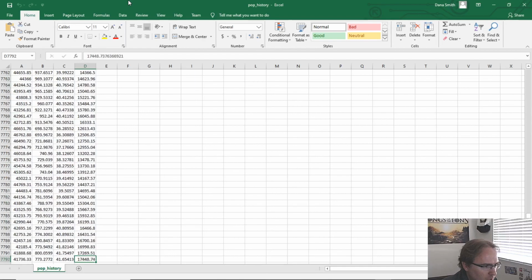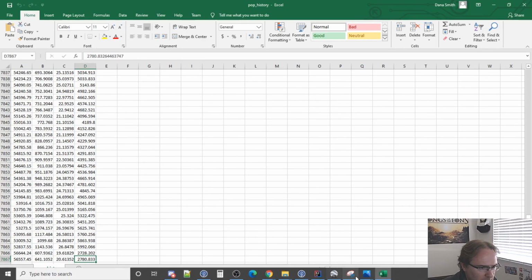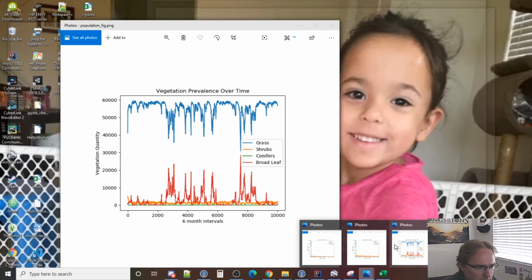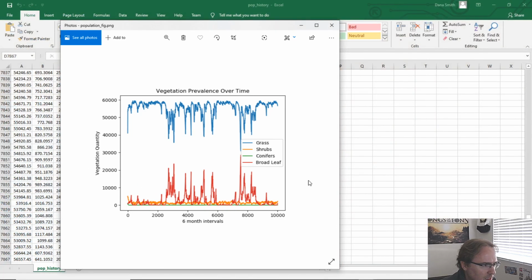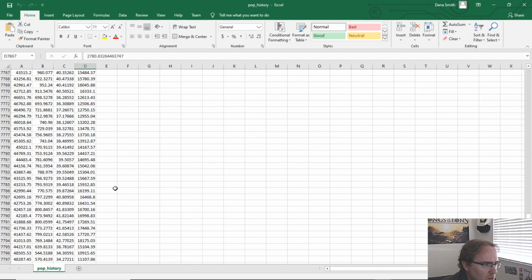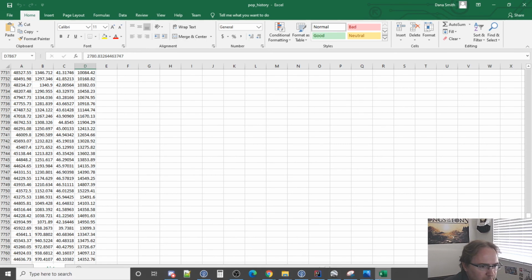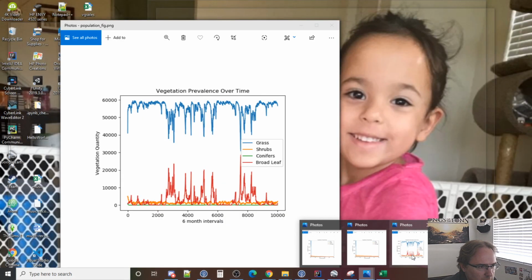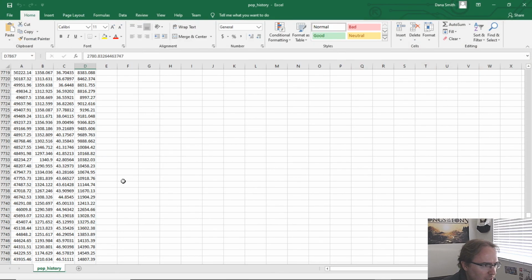Okay, is this where it's taken off? No, and then it goes back down. What's going on? Photos. Okay, so how high did it get? It got to about... it got to 20 something.